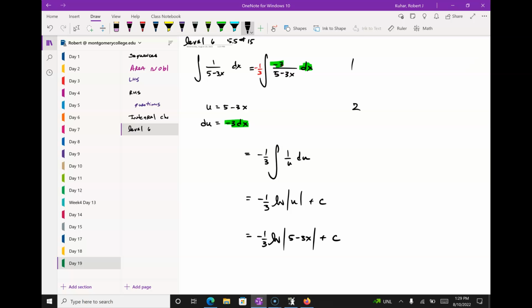Let me give lines here. Where are you? 4 to 5. Yeah. So that's level 1. When I have 1 over u, I know that's the derivative of ln, so I'm just working it backward.